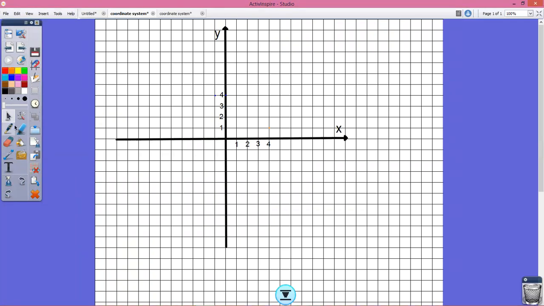Let's draw a figure here now. Okay, let's say this one. Now here, we want to enlarge this one.